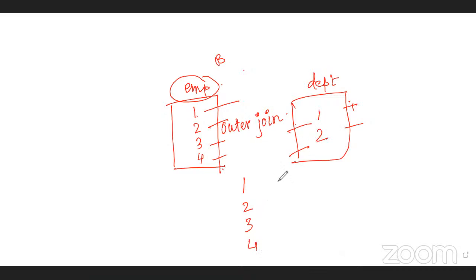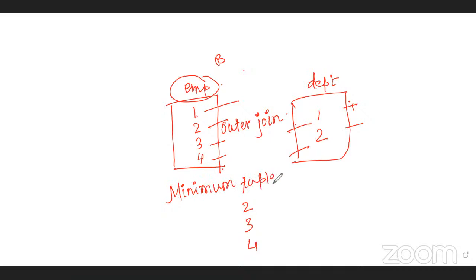First it will match, then it will return the tuples which have the maximum number of tuples. That gives the minimum number of tuples.